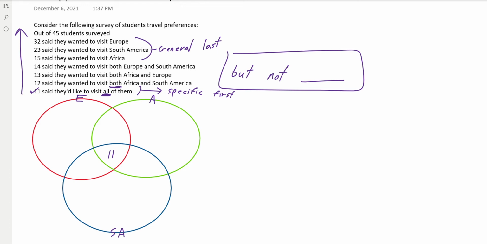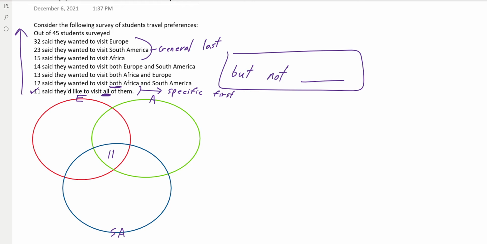So 12 said both Africa and South America. What does that mean? That means the area bounded within this part. Everywhere in here is included with Africa and South America. So 12 are all together in that area.